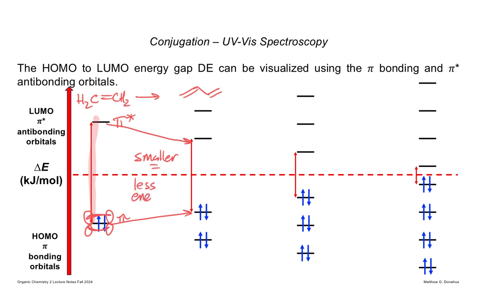Which means less energy is required to then promote an electron up. So it gradually gets smaller and smaller and smaller as you add more alkenes, which moves the light into the visible region.